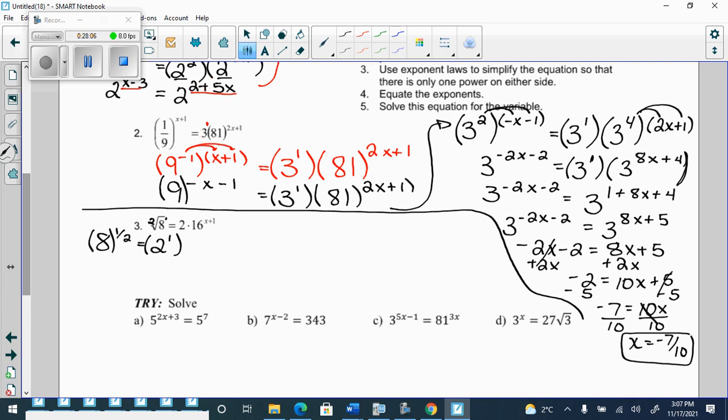What base can I make them all be? 2. So 8 is 2 to the 3. 2 to the 1. 16 is 2 to the 4.